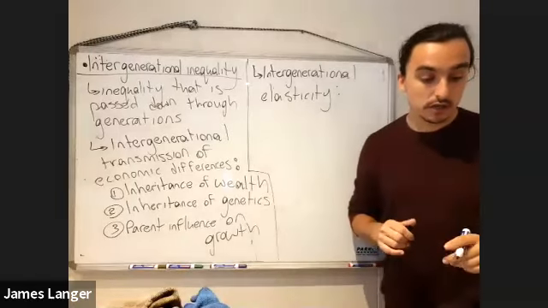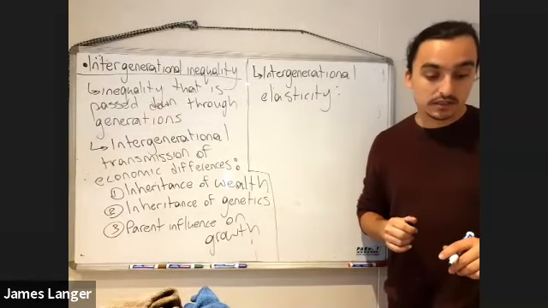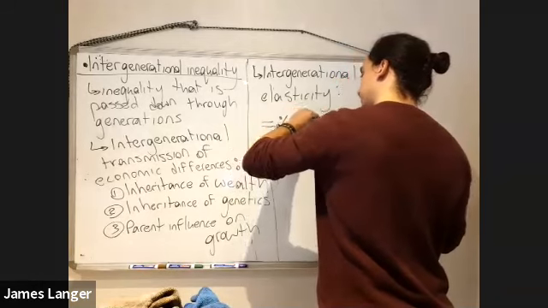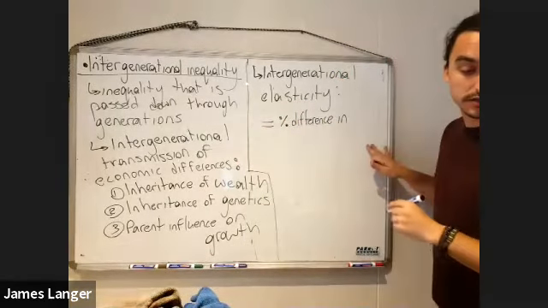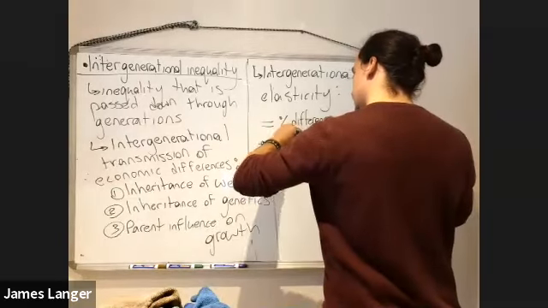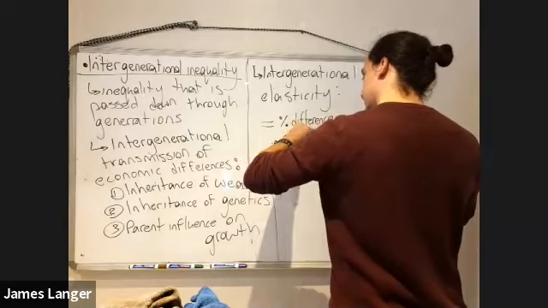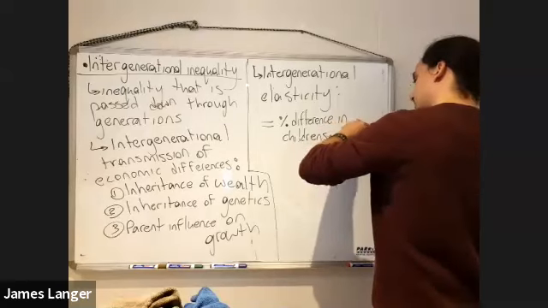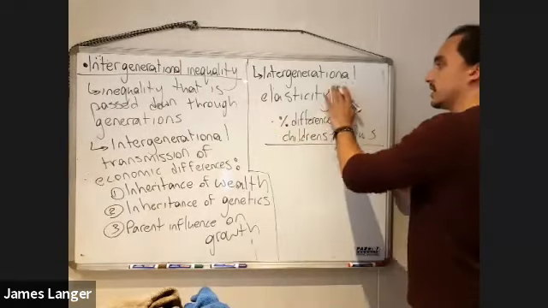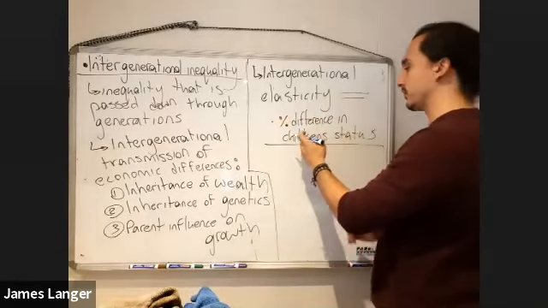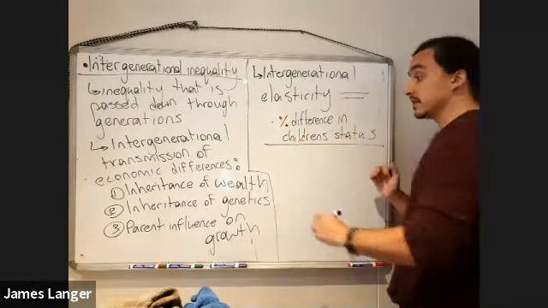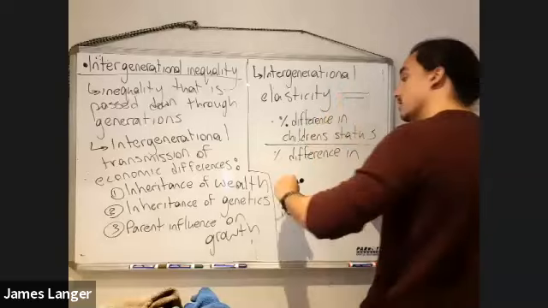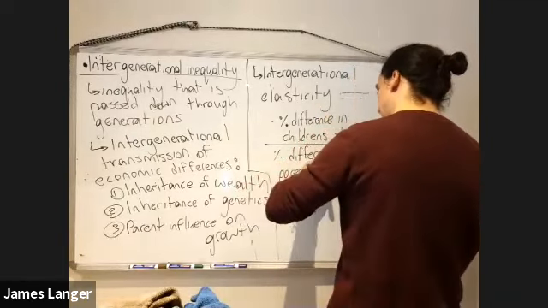Basically, what this is going to be is equal to the percentage difference in children's status divided by the percentage difference in their parents' status.